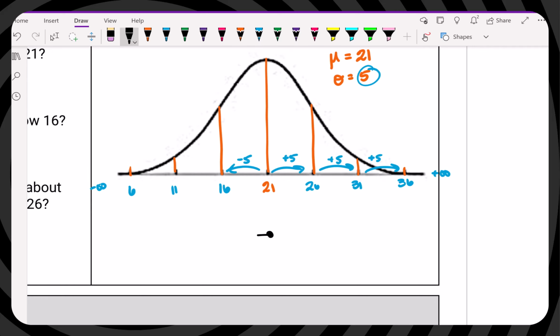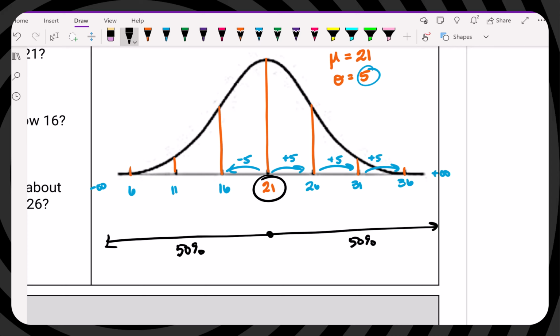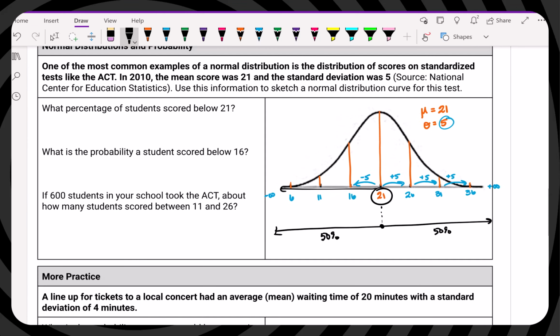So anything falling to the left is going to be 50%, and anything falling to the right of that mean will also be 50%. Now, it's asking you specifically, what is 21 or less? So 21 or less happens to be exactly 50%. So that's kind of one of those easy, really obvious questions that I'm talking about. You don't really have to think about it.